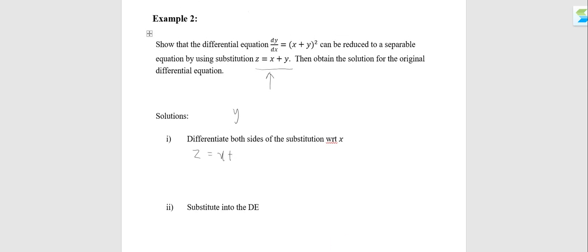So firstly, you need to differentiate both sides of the substitution with respect to x. So you have z equals x plus y. Why do we need to differentiate with respect to x? Because of the original equation. Okay.